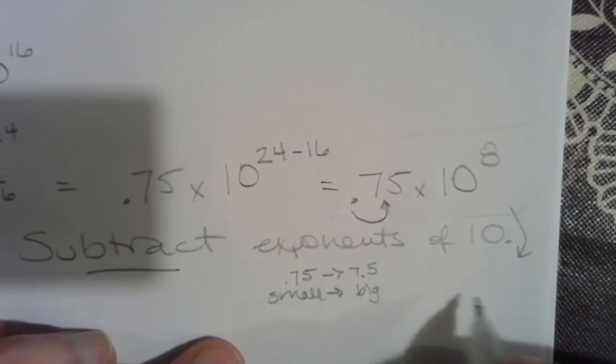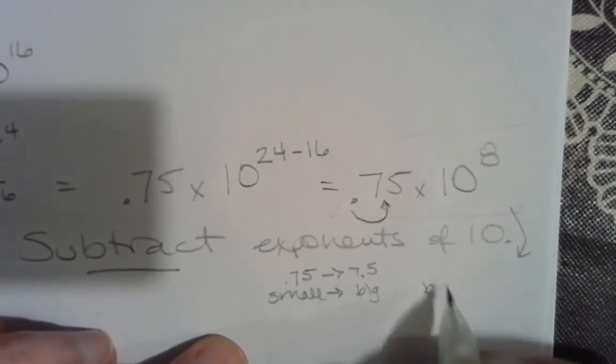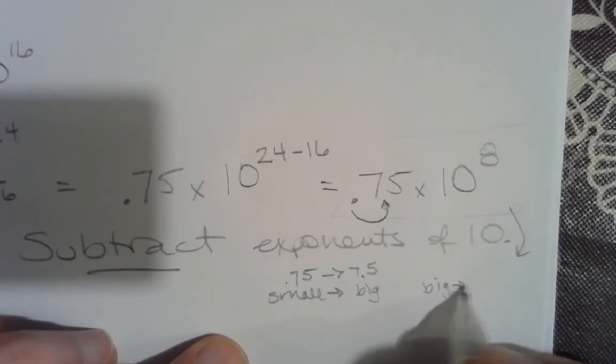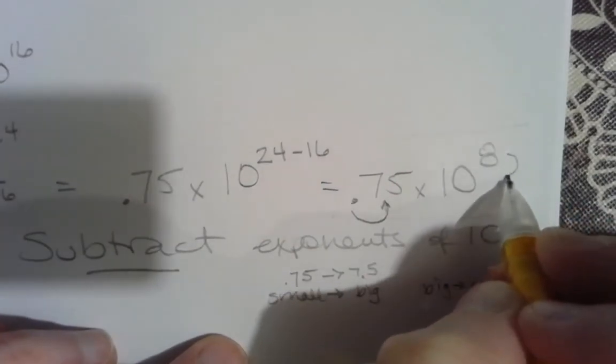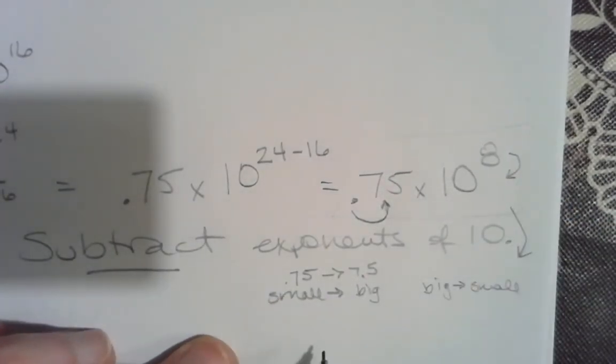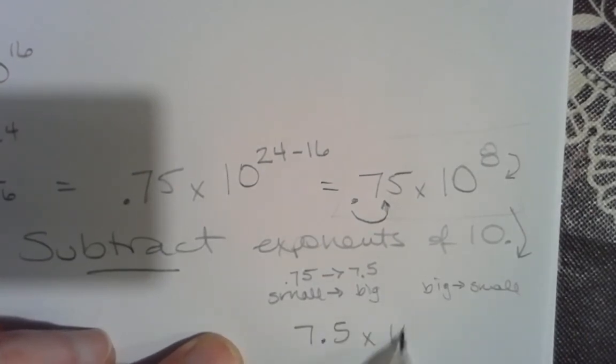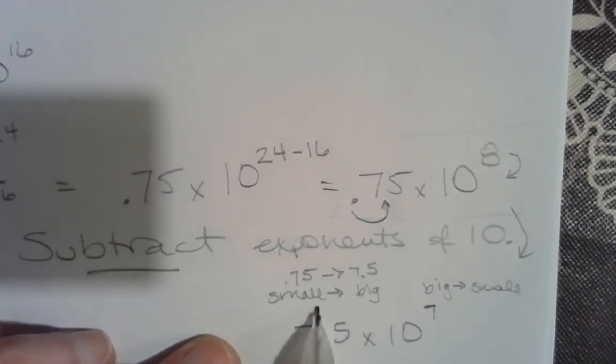which means you're going to take your exponent the other way. So your exponent is going to go one step from big to small. Here you're starting with 8. Take that one step down. So your 0.75 times 10 to the 8 is equal to 7.5 times 10, taking it down one step, times 10 to the 7.